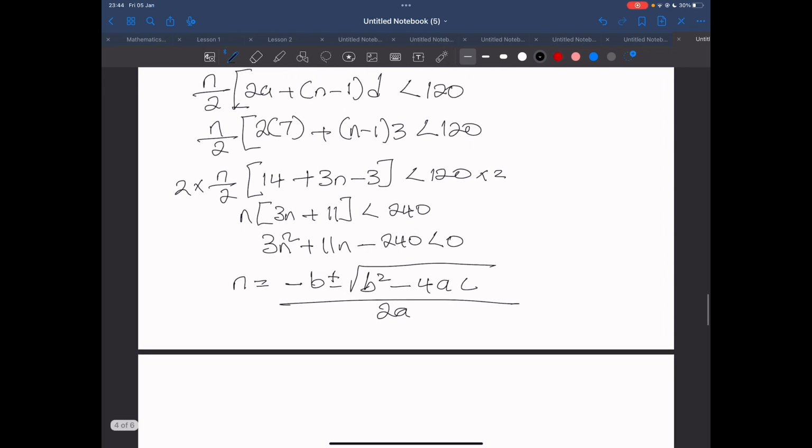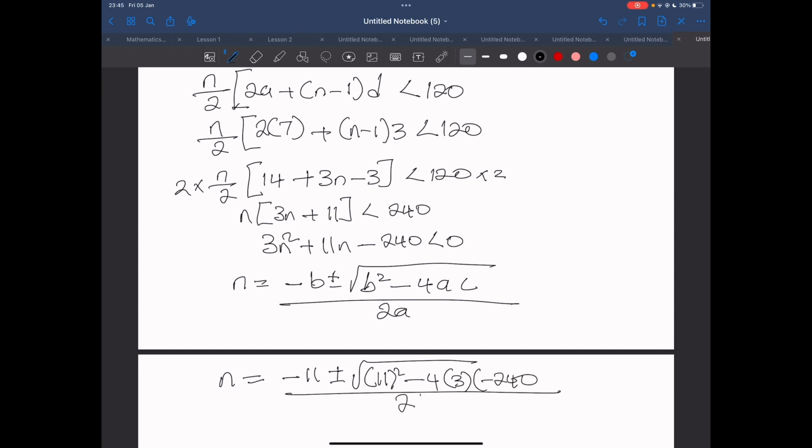So we substitute: n equals minus 11, since b is 11, plus or minus the square root of 11 squared minus 4 times a, which is 3, and c is negative 240, all over 2 times a, which is 3.